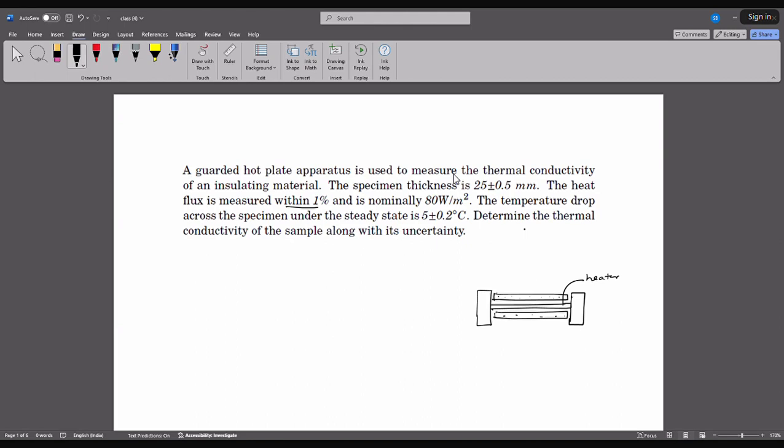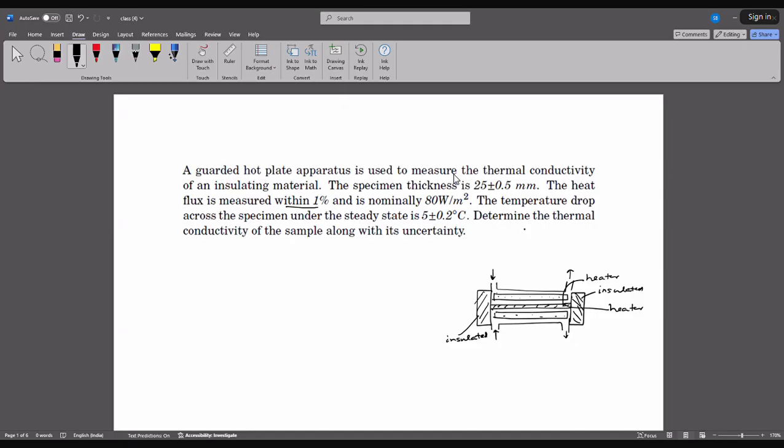Then you have some kind of cooling arrangement where flow goes in and flow comes out, and similarly you have it on the top side also where fluid goes in and comes out. As we discussed, these areas are insulated. This is insulated, and this is also insulated.